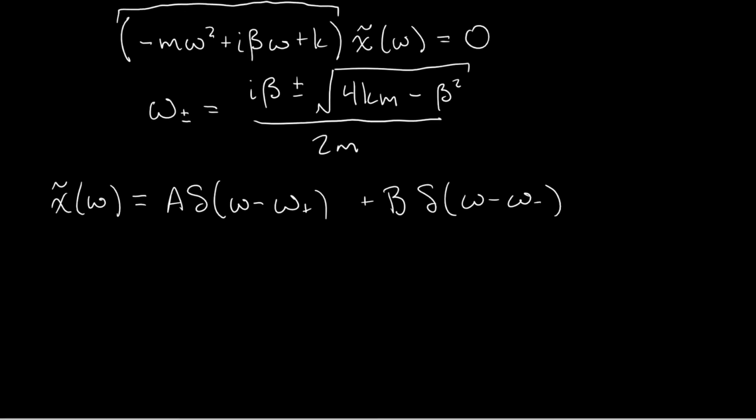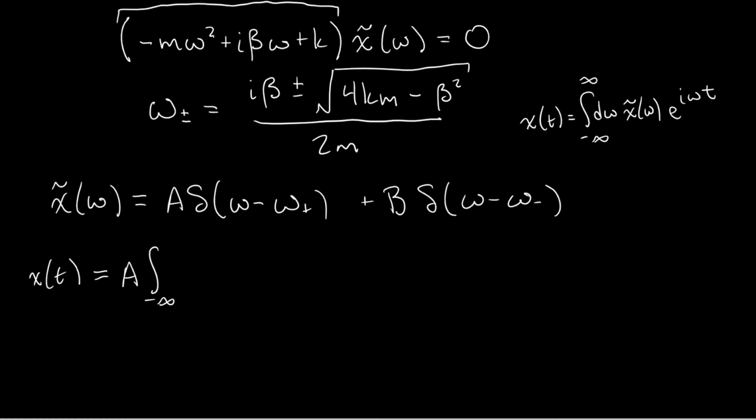So what we can do is plug this into our Fourier transform, right? We know that x of t is equal to this integral of x tilde omega e to the I omega t. And this is actually very nice because delta functions are super convenient to have when you're integrating.